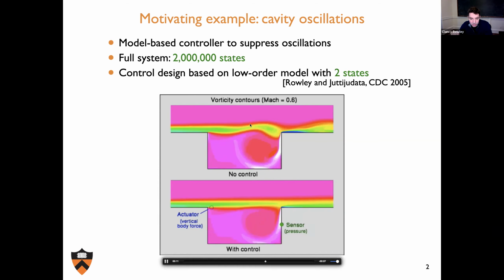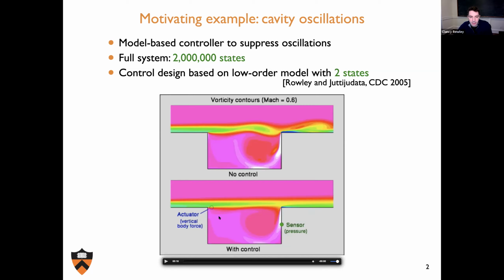If you take the angle and the angular velocity, those are 2 states, and you can write easy equations of motion that describe that oscillation. So that's really all that's going on here with this model: we're describing this as an oscillation with 2 states. But this is quite a powerful tool, because then it allows you to use other techniques like control design to design this feedback controller to stabilize this.